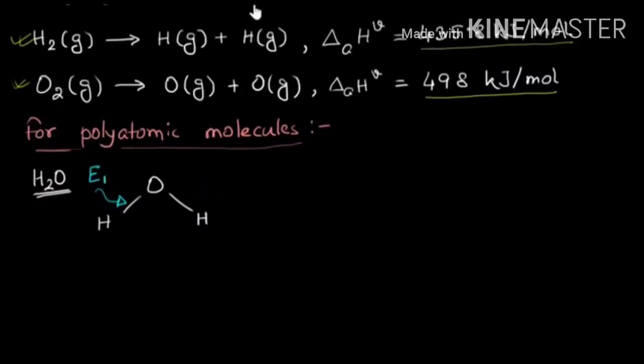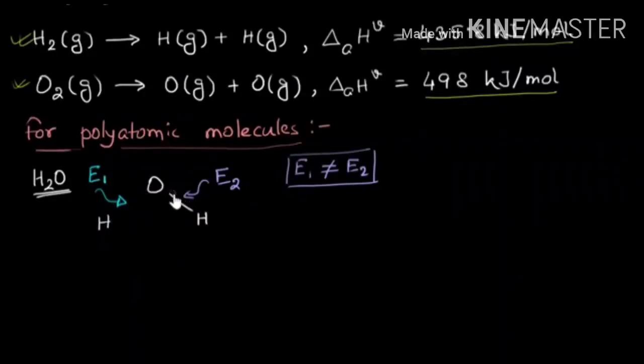Let us take the first energy. To break one bond is E1, and to break the other oxygen hydrogen bond is E2. In this case, E1 is not equal to E2. These two energies are different. This is due to the two hydrogens influencing each other when breaking the first bond.